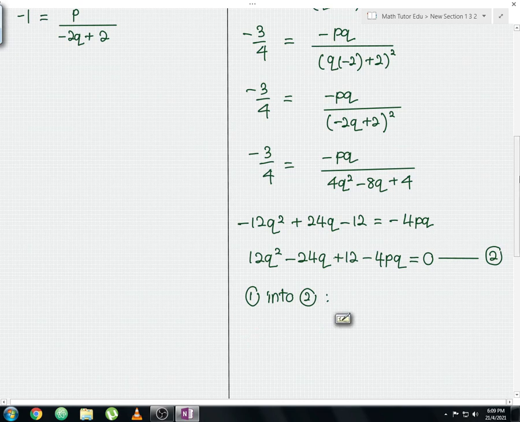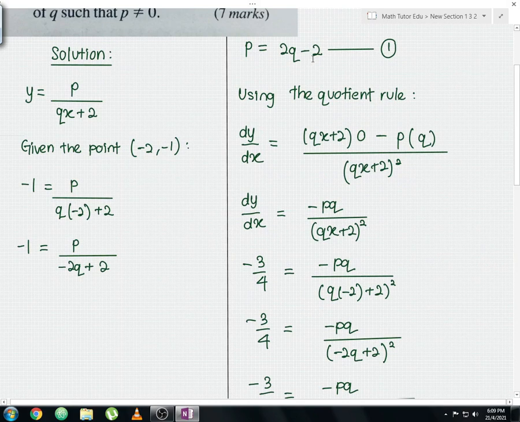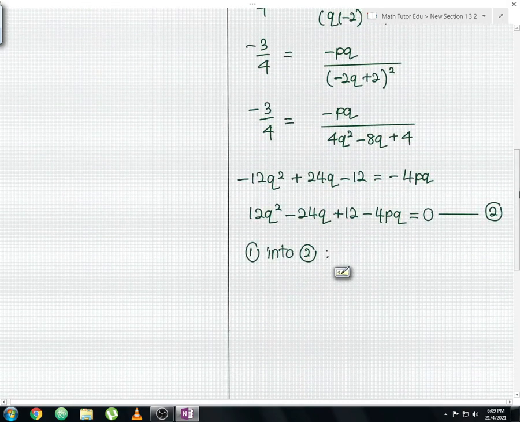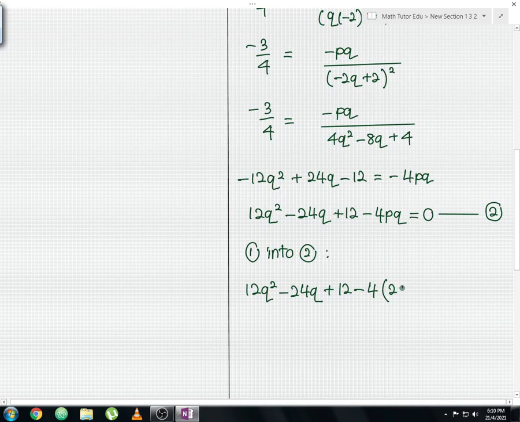So in this case your equation 1 is p equals 2q minus 2, guys. You must substitute into the p over here. So from here, 12q square minus 24q plus 12 minus 4 in a bracket 2q minus 2 close bracket times q is equals to 0.